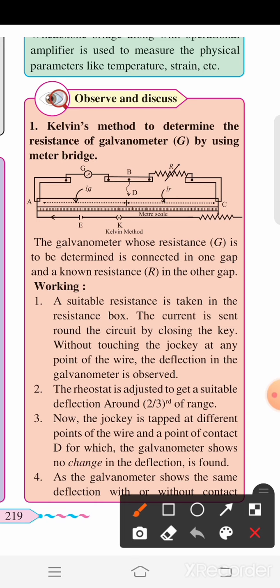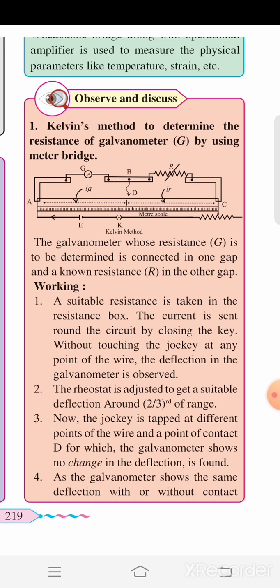In Kelvin's method, we use a metal wire of uniform cross-sectional area, made of metal, with length 1 meter, fixed on a rectangular wooden board with the help of two thick L-shaped metal strips.